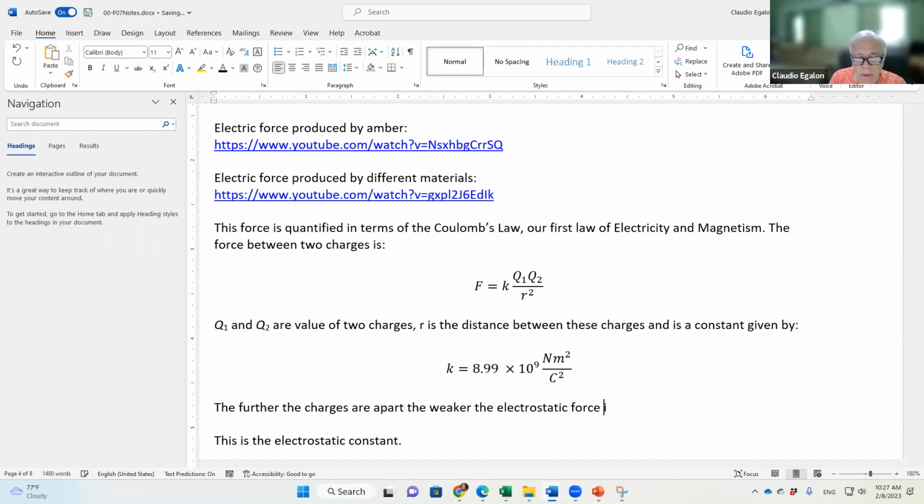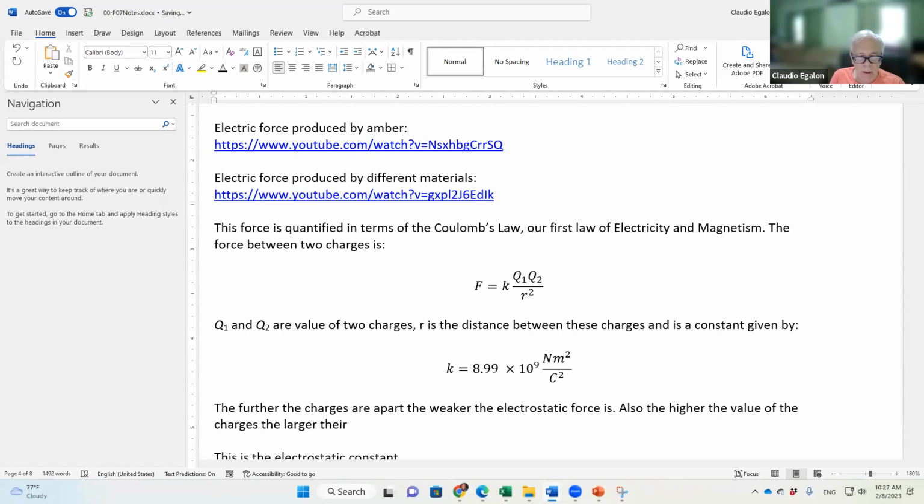Also, the higher the value of the charges, Q1 and Q2, the larger the force between them.